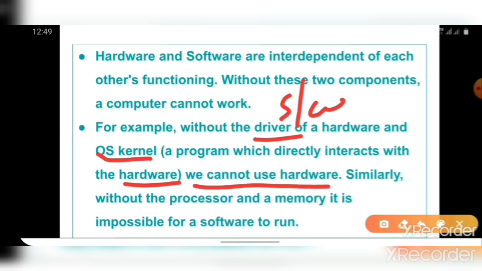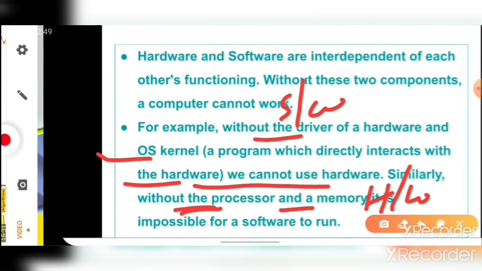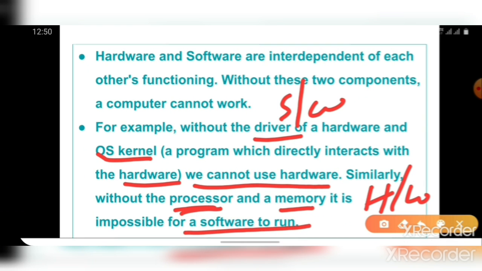And the processor or the CPU or the microprocessor and memory like the RAM, ROM, all these are hardware. So without hardware, we cannot run the software also. So that's why hardware and software are interdependent on each other's functioning. Okay, students, I hope this is clear to you.